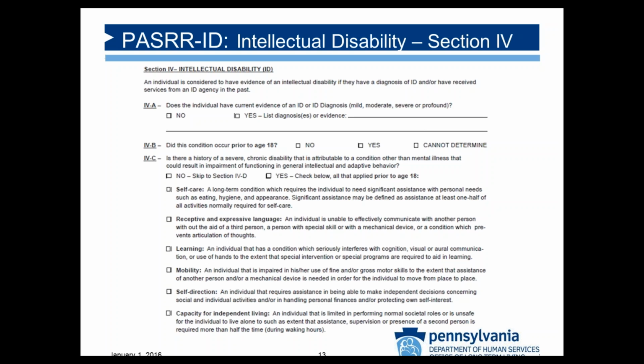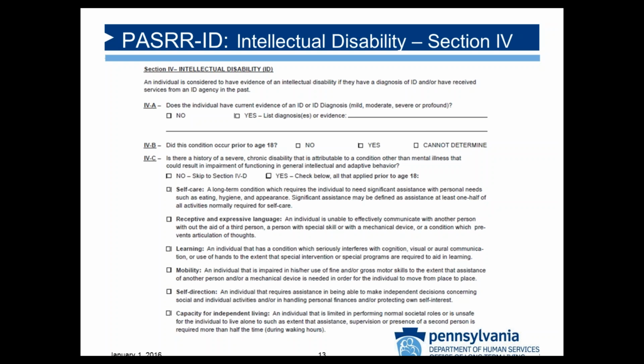The one change we did make to this updated form is, did the condition occur prior to the age of 18? The form that we used back in December actually was the age of 22. So we brought it down to 18 because this is the age that the federal government, CMS, uses.